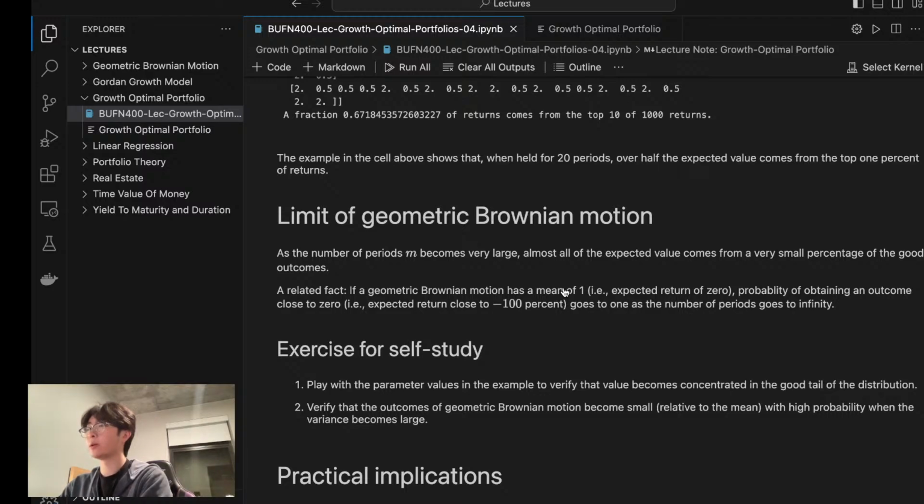how can we interpret what are the underlying forces affecting the expected value?